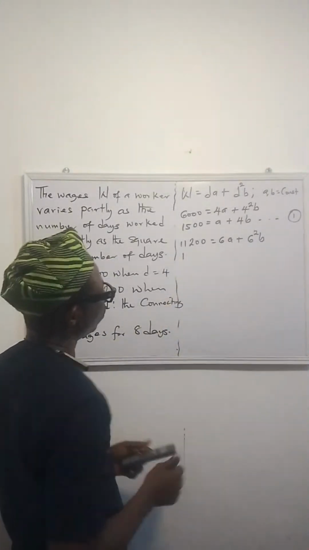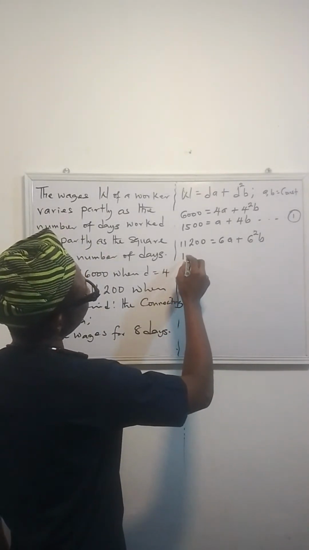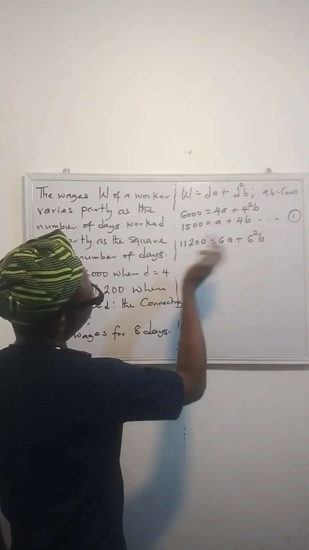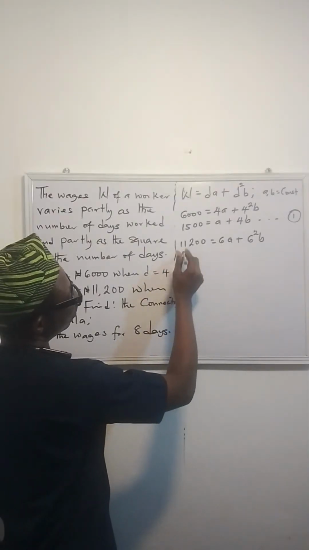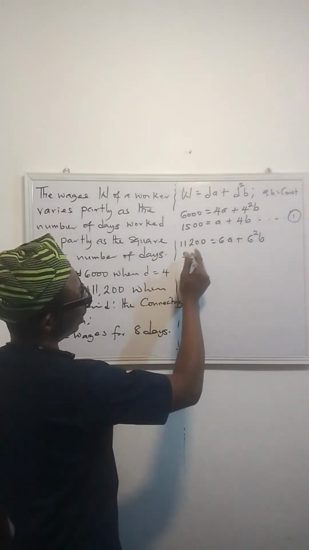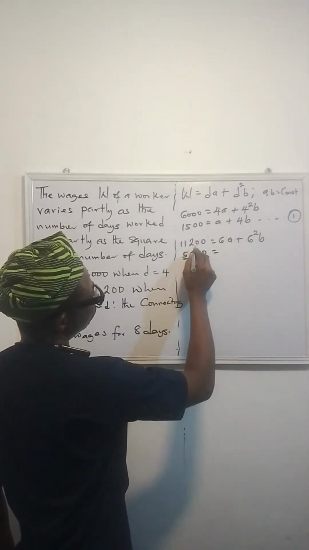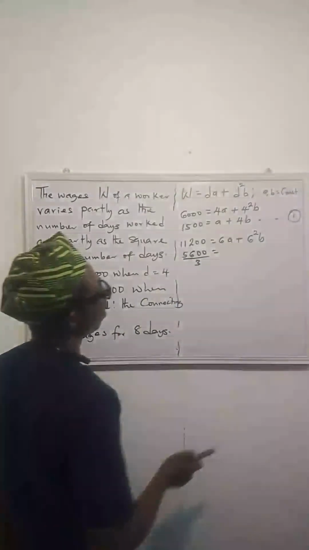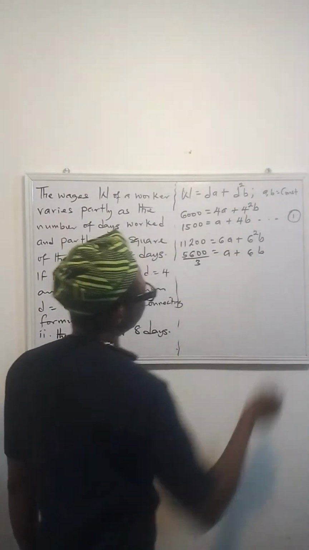So let's divide by 2 so that we just have a fraction. I think 2 should be able to go. 2 goes in 11, that is 5, remainder 1. You put the remainder in front of 2, that's 12. 2 goes in 12, that is 6, and then we have 0, 0. We are supposed to have over 6, so this is going to be over 3, and on the other side A plus 6B.